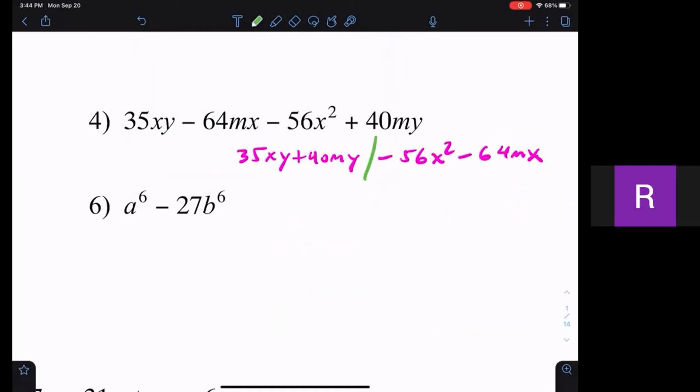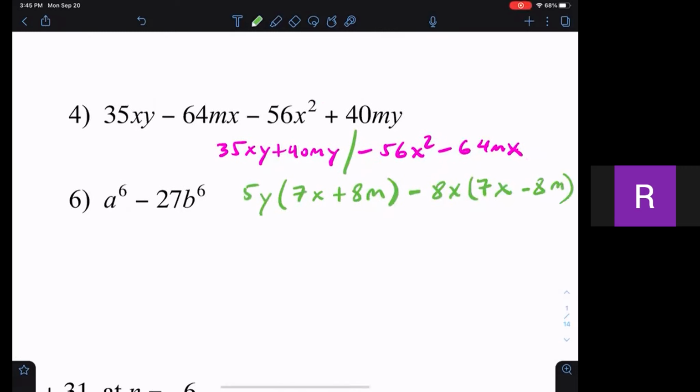So we have, actually, 5y equals 7x plus 8m minus 8. This is going to be ax. 7x, that's going to be positive 56x squared. And then this is going to be negative 8m.